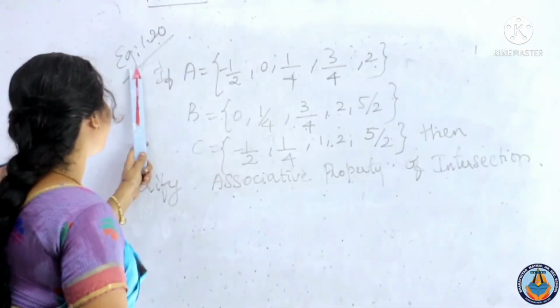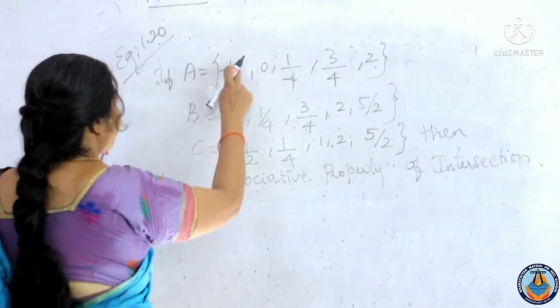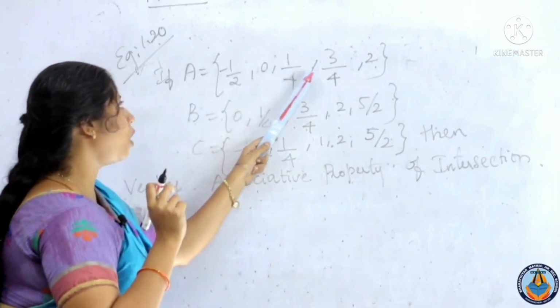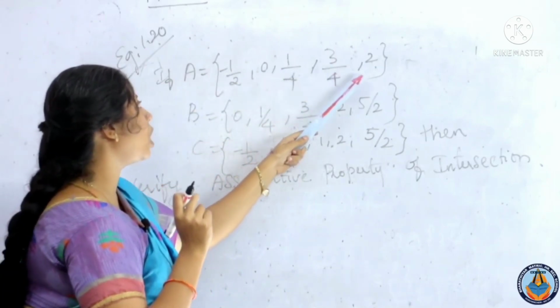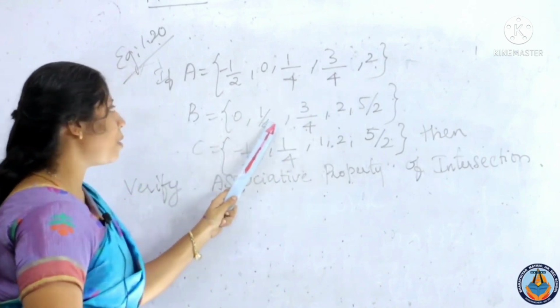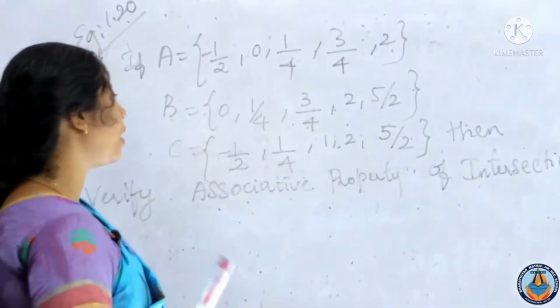Now example 1.20. If A is equal to -1/2, 0, 1/4, 3/4, 2. B is equal to 0, 1/4, 3/4, 2, 5/2.